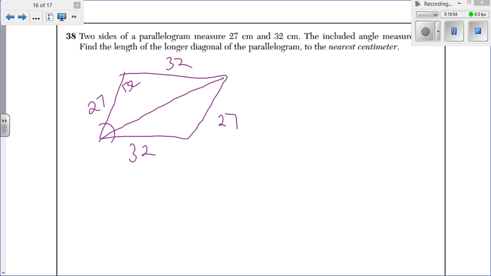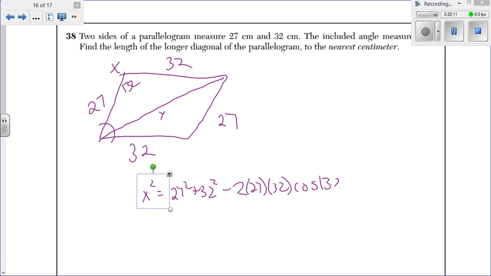So we need to use the law of cosines. So x squared equals 27 squared plus 32 squared minus 2 times 27 times 32 times the cosine of 132. 27 squared is 729. 32 squared is 1024. 27 times 2 times 32 is minus 1728 times the cosine of 132.